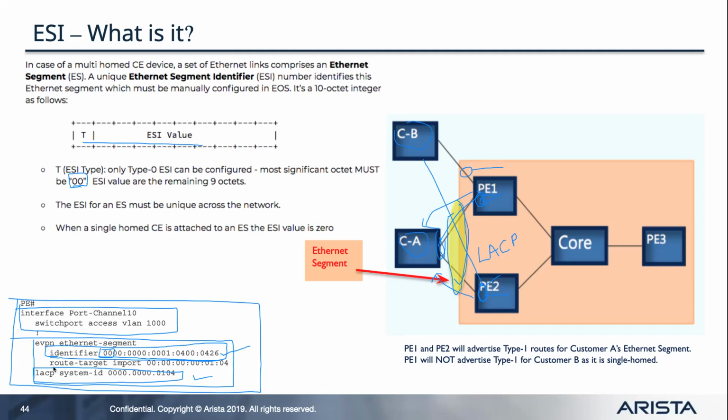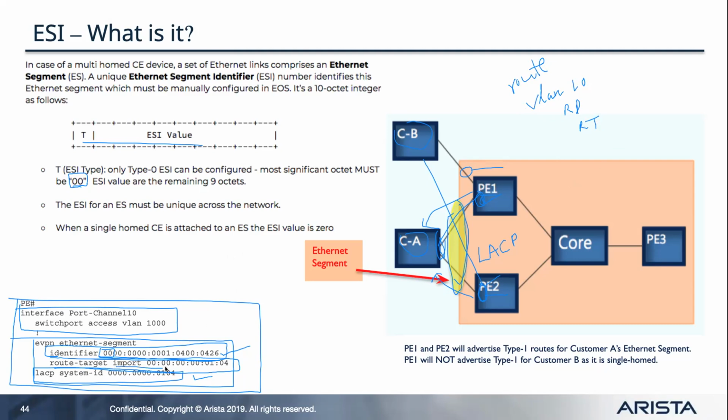And another thing we use is route target import. We already use route target, import and export, under router BGP, under MAC VRF, under VLAN, let's say VLAN 10. We use RD and RT, correct? But this RT is not the same as that RT.